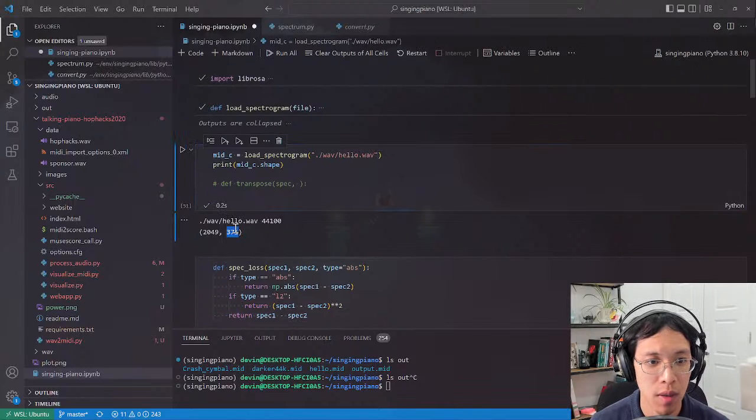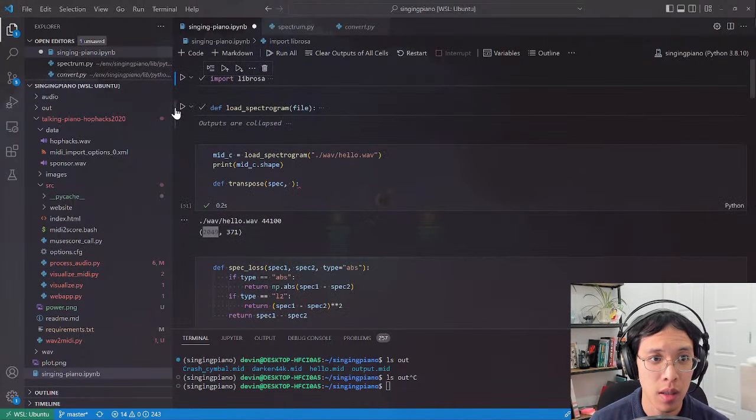So 371, 337, this number tells you how long the sample is, whereas this is not changing. So this must be the frequency bins. So we want the frequency bins, and we're going to transpose by some number of frequency bins, which depends on the amount of change we want in the sound.